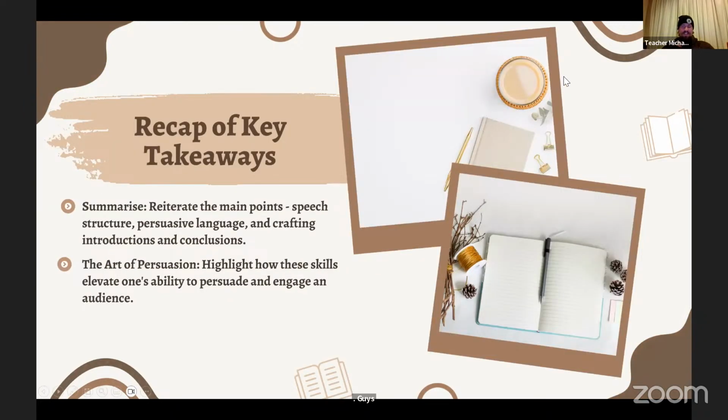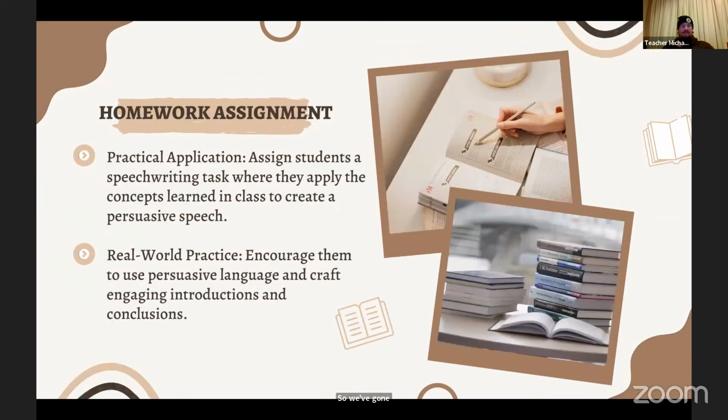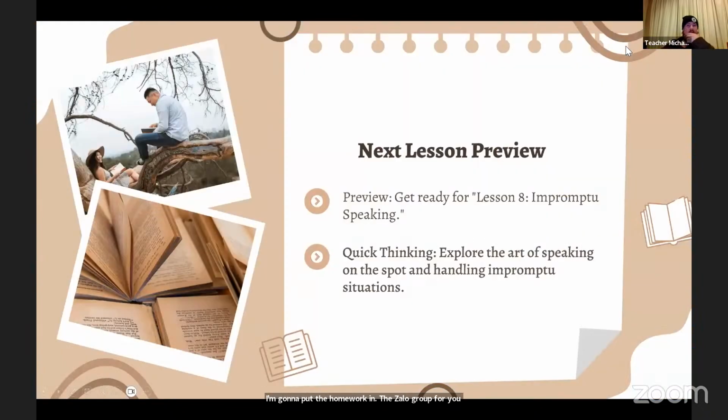So we've gone over some of the main takeaways, asking you guys what you learned this evening. I'm going to put the homework in the Zalo group for you guys. And next lesson, just to let you in on it, we're going to learn about impromptu speaking.